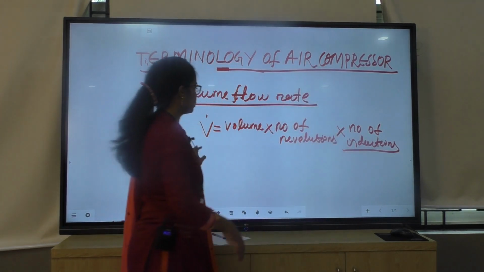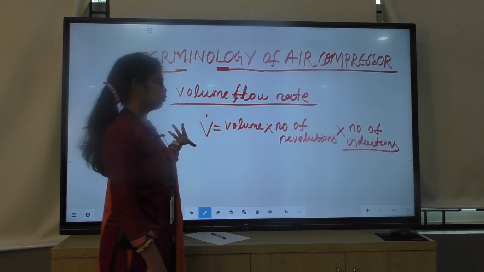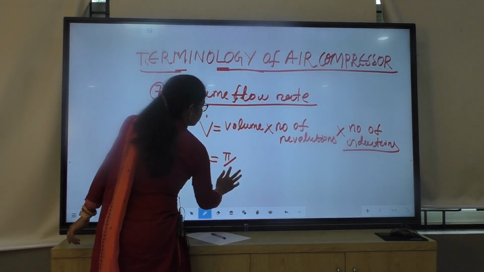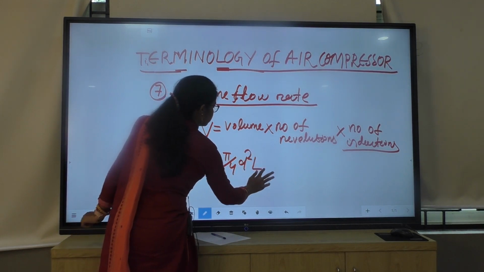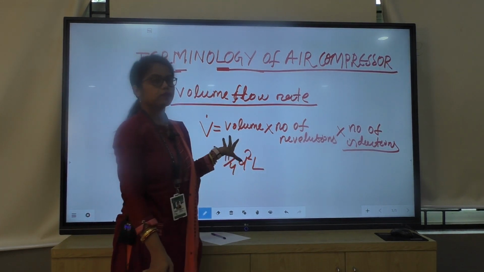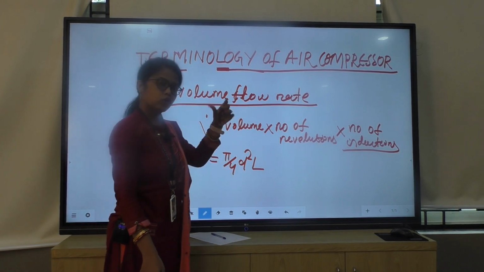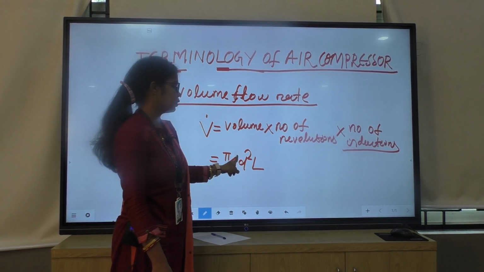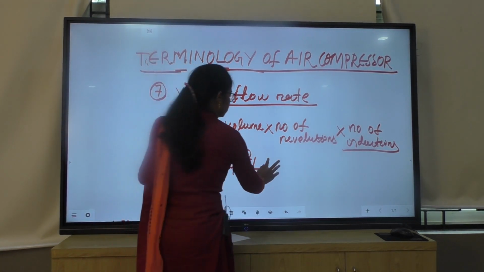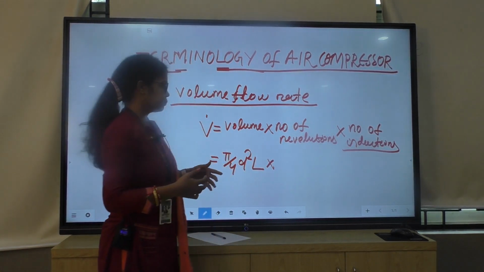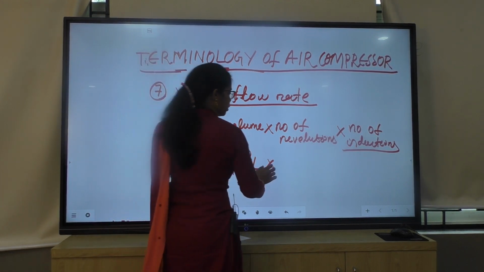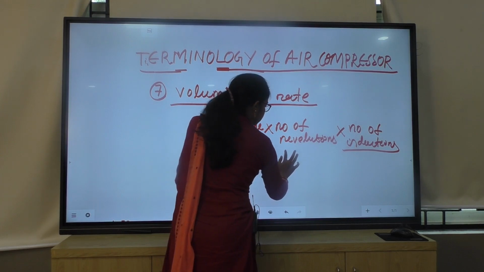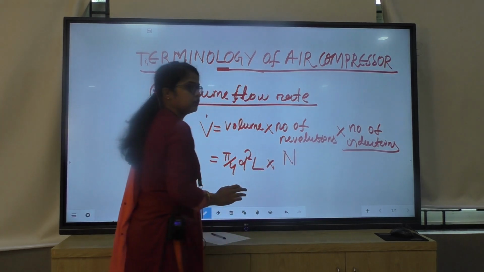Okay. And how can you find out this volume flow rate? Volume, I have told you the formula pi by 4 d square L. Pi by 4 d square is the area into L, stroke length, will be multiplied, you can find out the volume, that is pi by 4 d square into L, into number of revolutions, that is n revolutions.